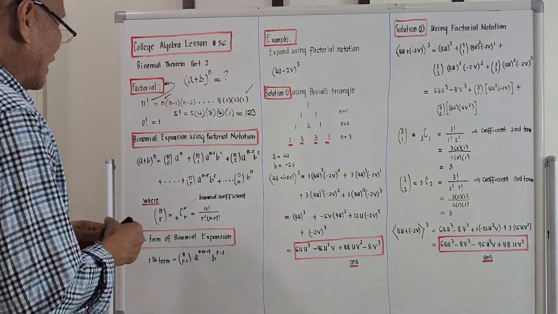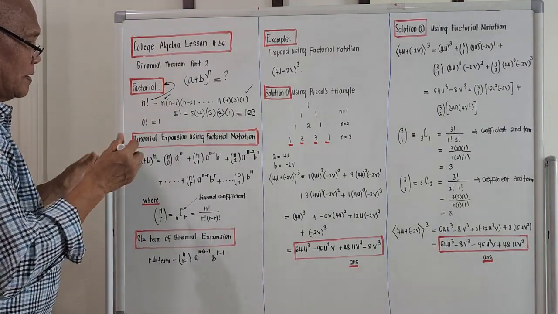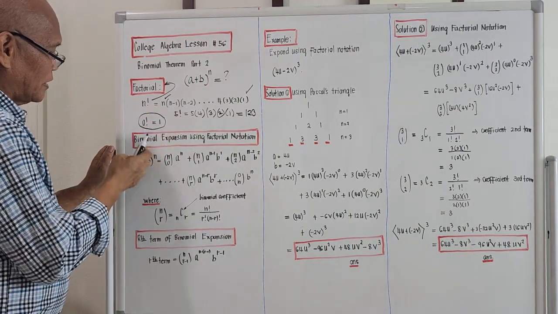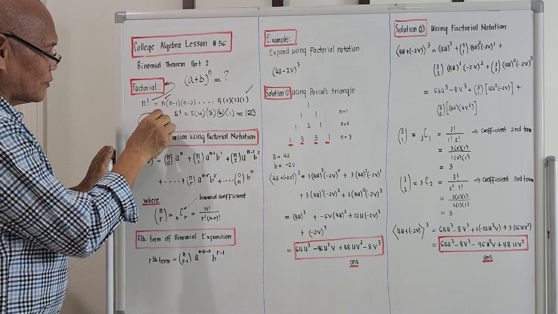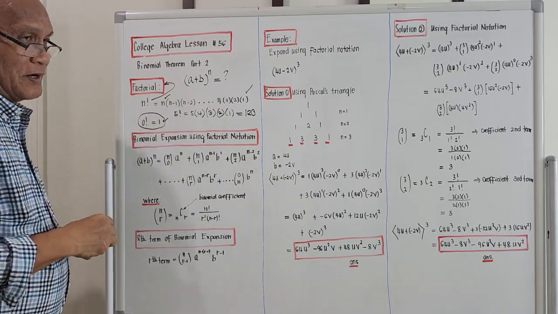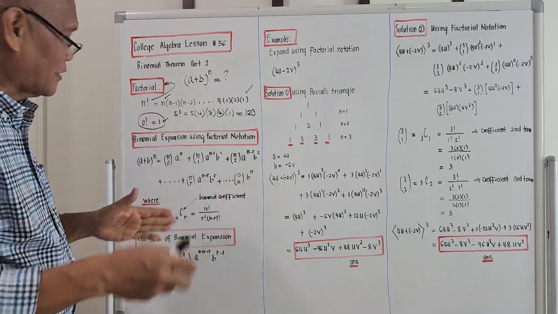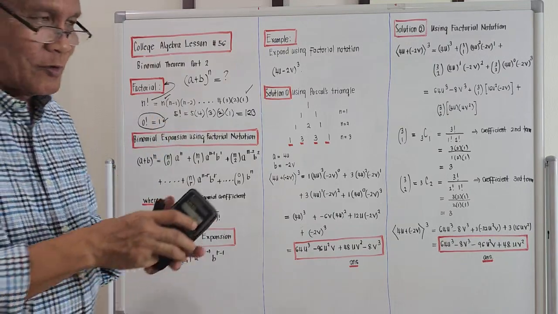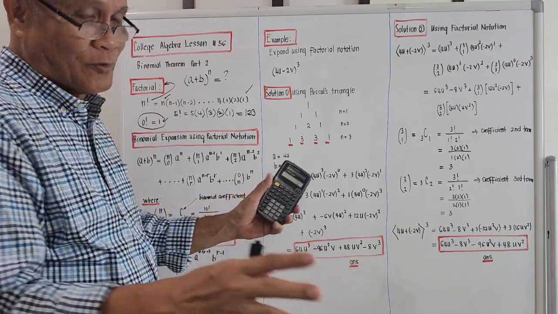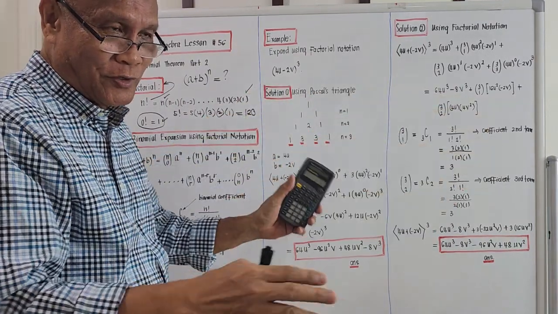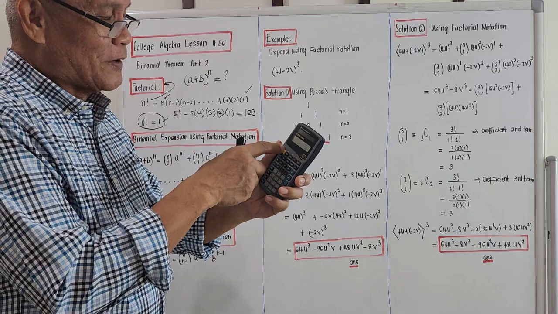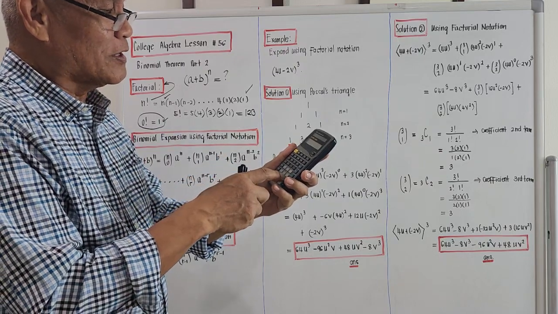I will place it here. This has not been proven, that 0 factorial is actually 1. We will just accept it for the meantime that 0 factorial is 1, because if we try to use our calculator, later on we'll bring this out on the short video form. Okay, the factorial of 0 is actually 1.